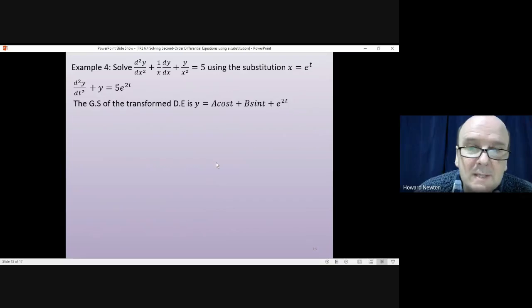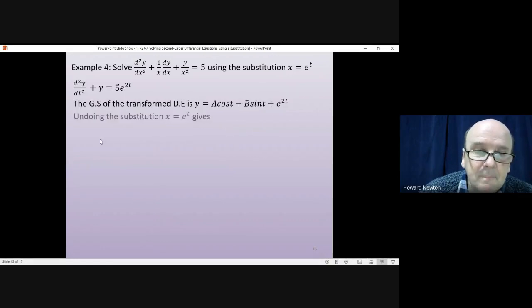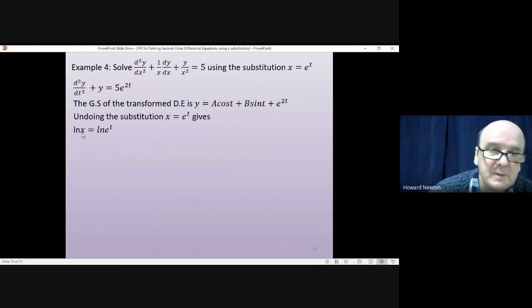Now, as is always the case, when you do a substitution, at the very end, you're going to have to undo that substitution. So that is the general solution of the transformed differential equation, but we need to undo this substitution in t and return it to x's and y's. The substitution was x equals e to the t. So undoing that, if I take logs of both sides, that'll give me log x is equal to the log of e to the t.